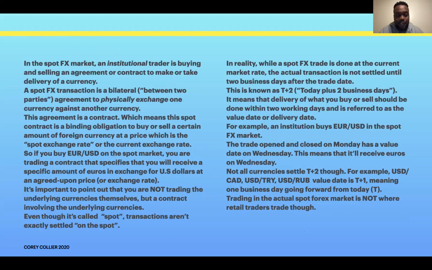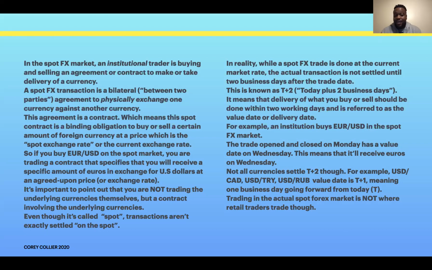In the spot Forex market, an institutional trader is buying and selling an agreement or contract to make or take delivery of a currency. A spot FX transaction is bilateral, meaning between two parties, and it's an agreement to physically exchange one currency against another.